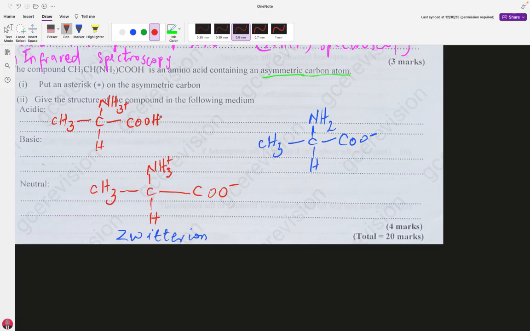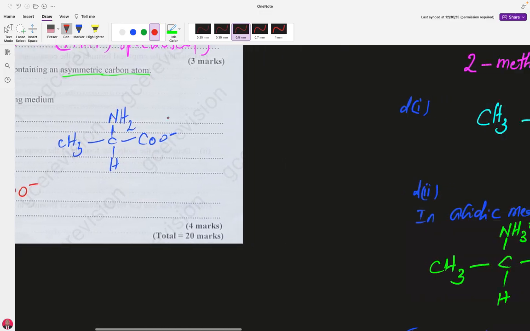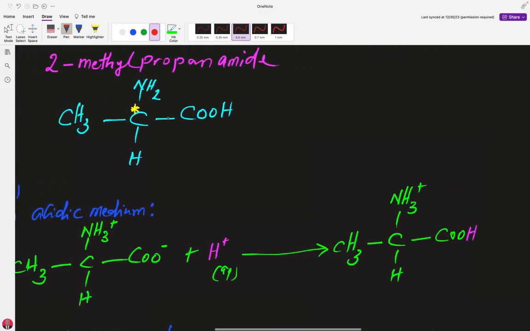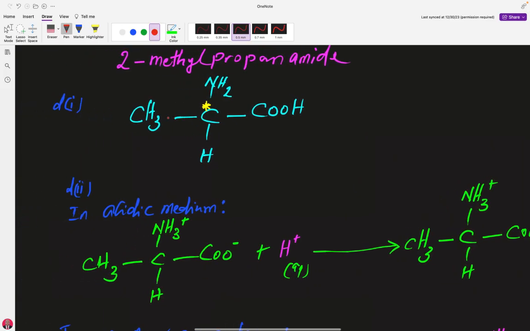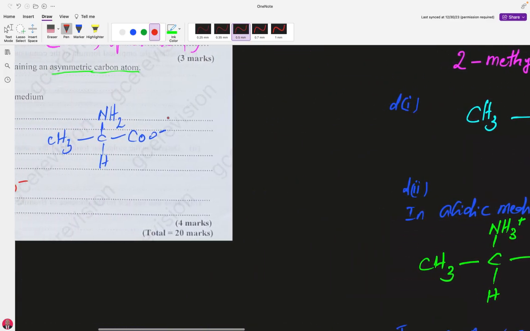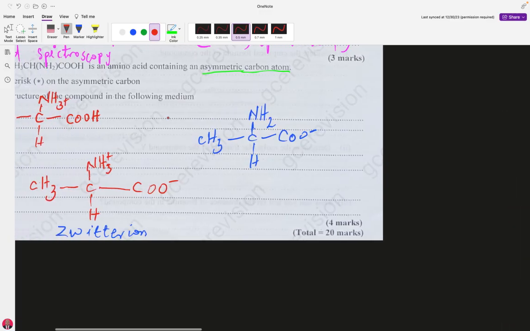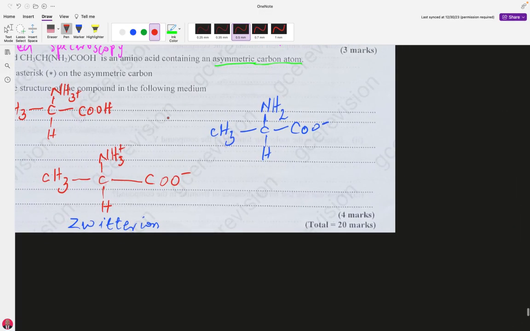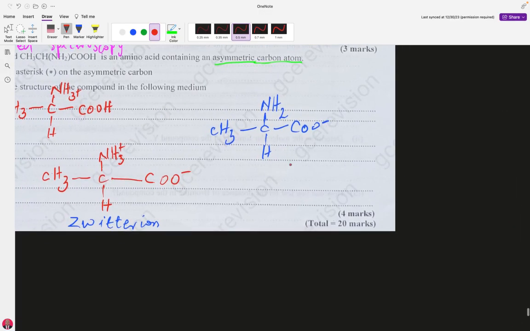That is being formed. So in this compound here, we have changes. So these are the different compounds you are going to find.